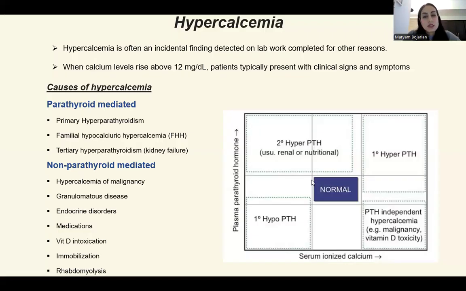If your calcium is high and parathyroid hormone is high, we have primary hyperparathyroidism, or parathyroid-mediated hypercalcemia. And if your calcium is low and your PTH is high, we call it secondary hyperparathyroidism, mostly in the setting of renal dysfunction or severe nutritional vitamin D deficiency.